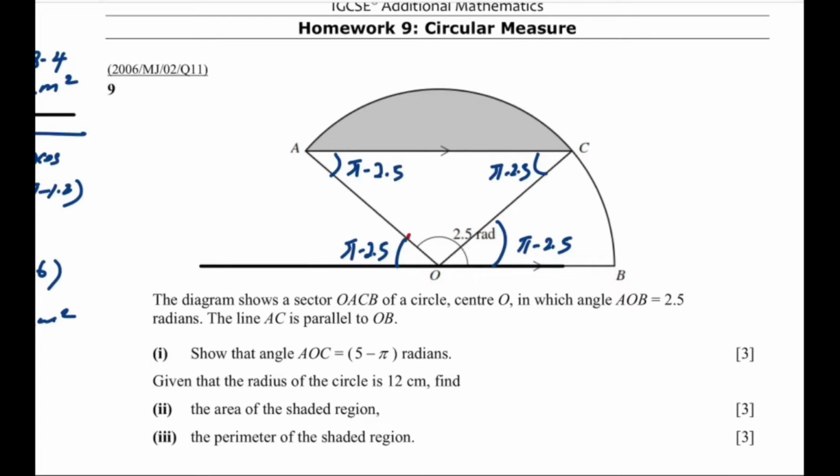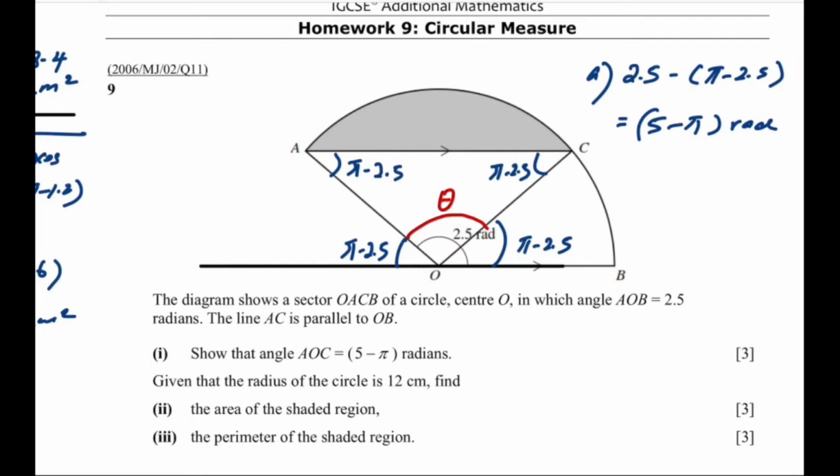So if you're looking for angle AOC, or we call it theta, you just have 2.5 minus (pi minus 2.5). So for part A, I will have 2.5, the angle of these two parts, minus the angle here, pi minus 2.5. So the final answer should be 5 minus pi radian. Solved.